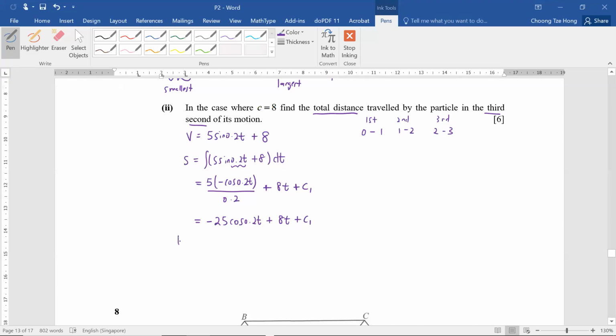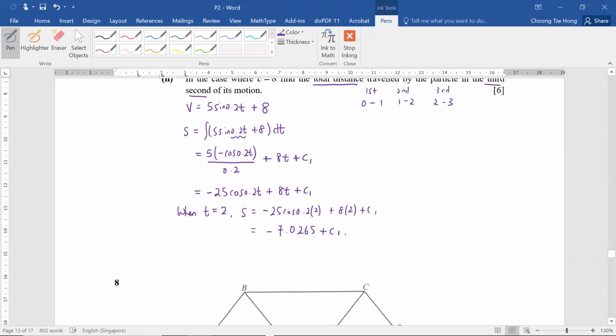So let's try. When t equals 2, the displacement, which means the position of the particle at that point in time, is negative 25 cosine 0.2 times 2, plus 8 times 2, plus c1. If you compute this whole thing, cosine 0.4 times negative 25 plus 8 times 2, which is 16, you will get this plus c1.